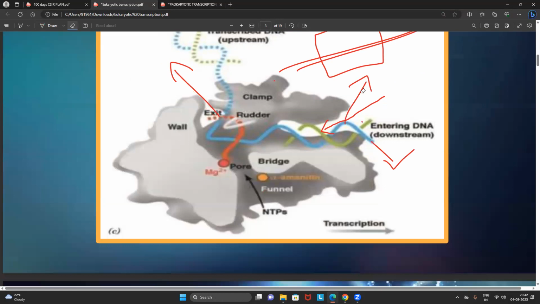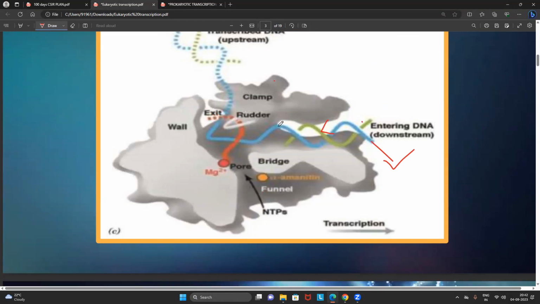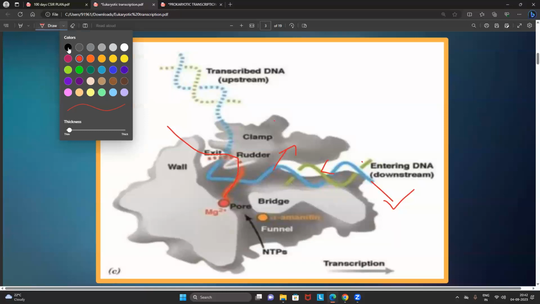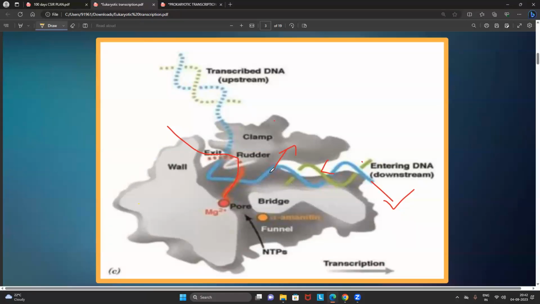Now the question is very, very clear. You know, friends, in order to synthesize the mRNA, what strand do we require? We require only the template strand. Let's consider this blue color one is the template strand and the red color is the RNA which is going out. Friends, what will hold the mRNA and template strand together?